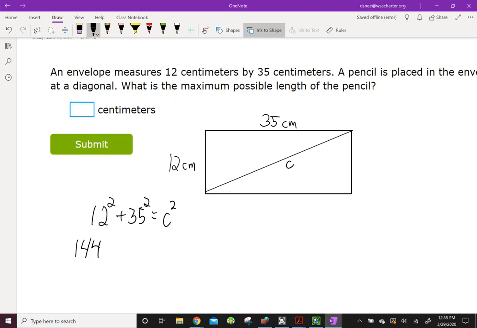And 35 squared is 1,225. And the square root of 1,369 is 37. So C is equal to 37. Let's see, 1,369 minus 144 equals 1,225.